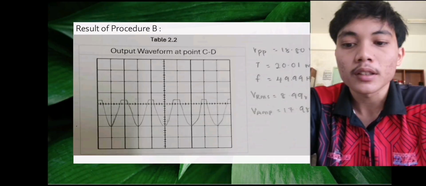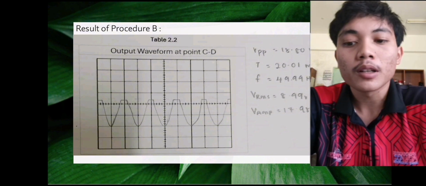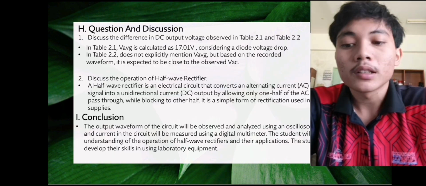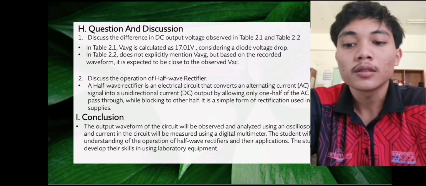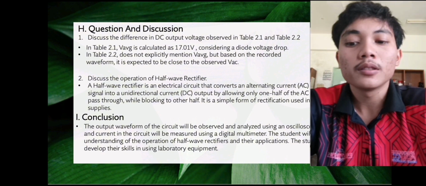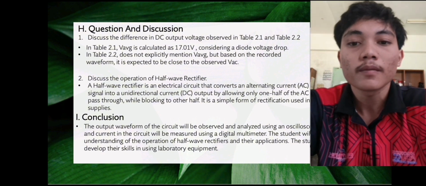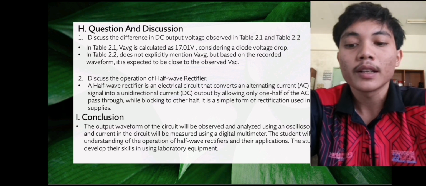This is different in DC output. Voltage table 2.1 shows the average voltage as 17.01 volt, considering the diode voltage drop, and table 2.2 does not especially mention average, but it is expected to be close to the recorded AC voltage.